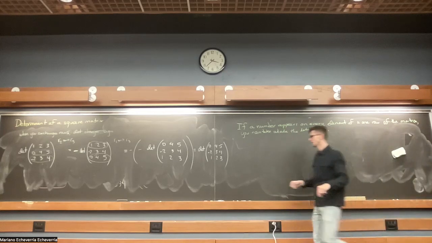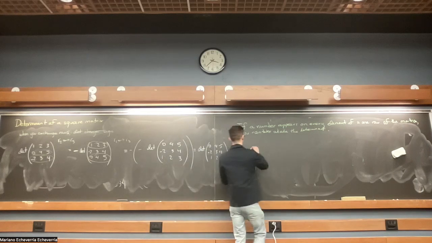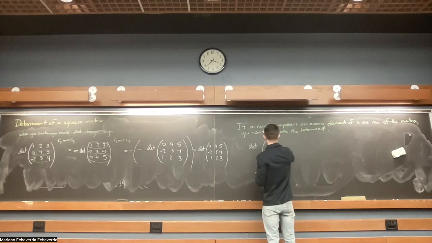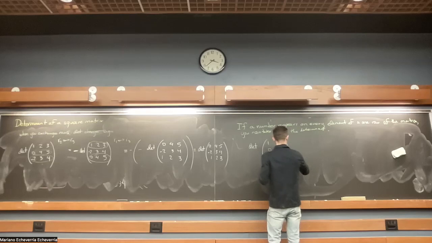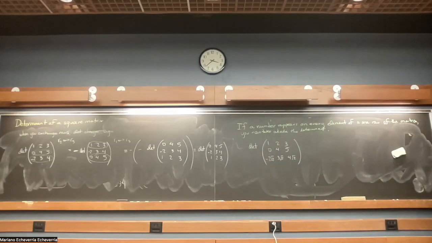So what I mean by this is, if you look at this matrix, there's a square root of 2 on every entry of the third row.